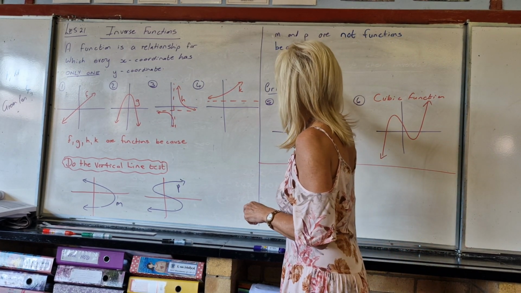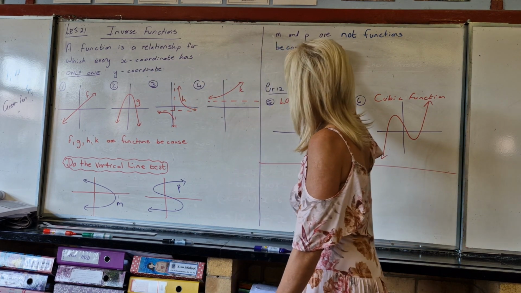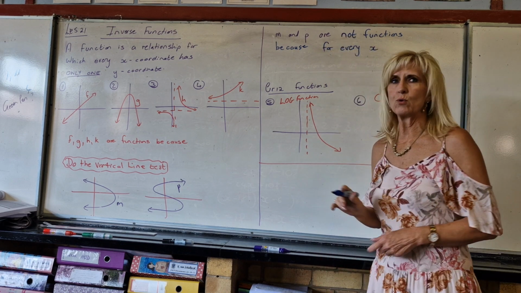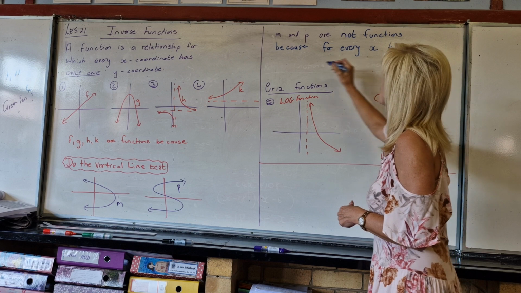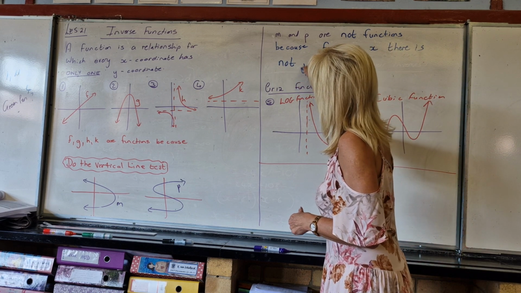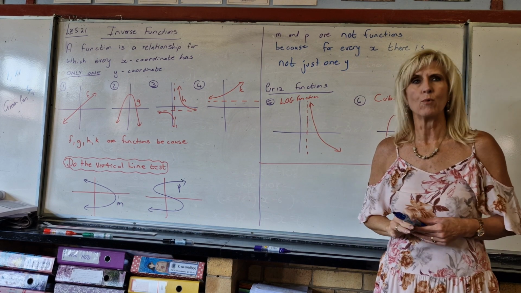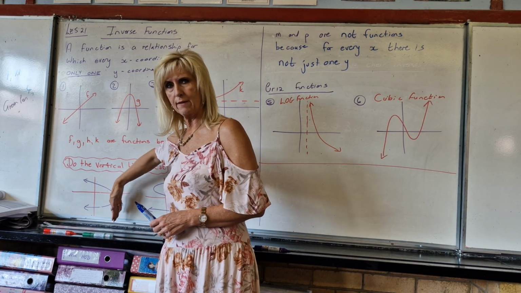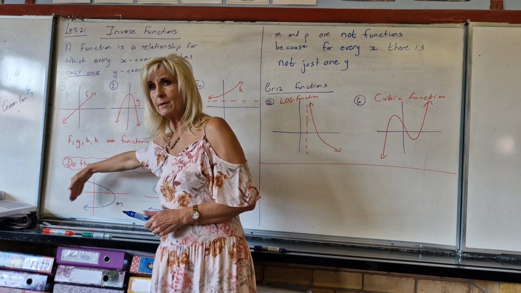Because for every x, and you don't have to say coordinate, for every x, there is not just one y. We're not going to say more than one, because it's not always more than one. I showed you there, that specific one has only got one y.